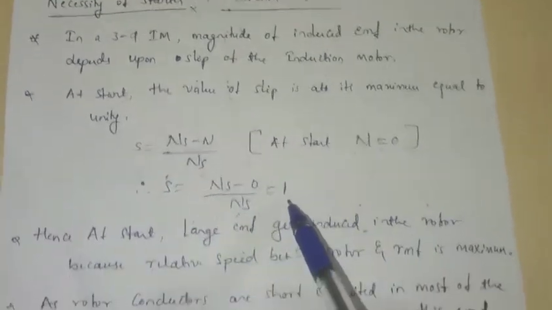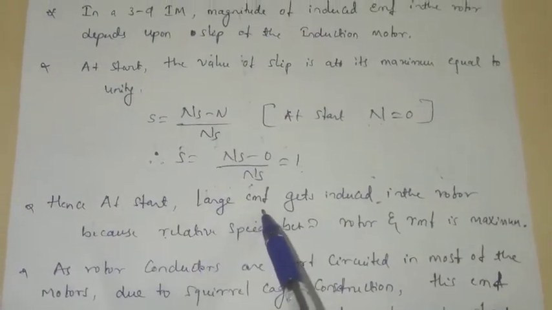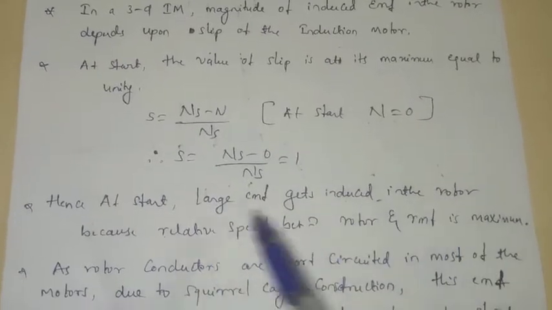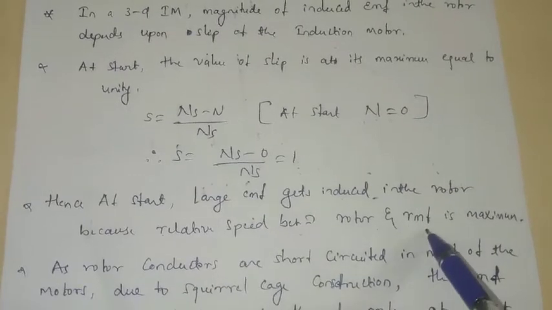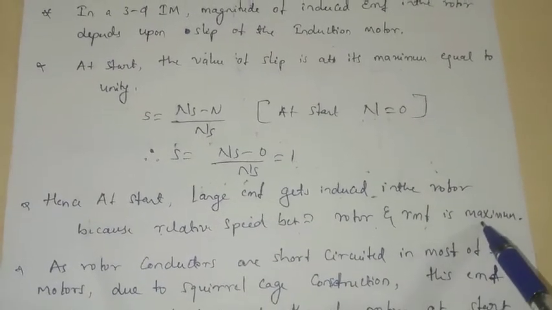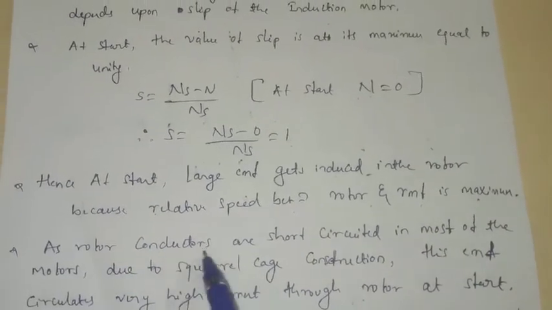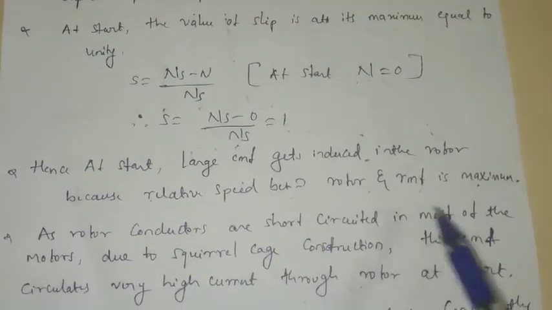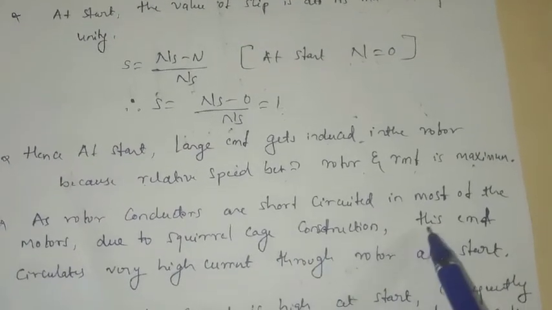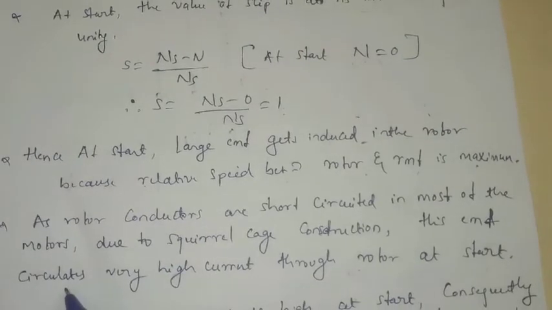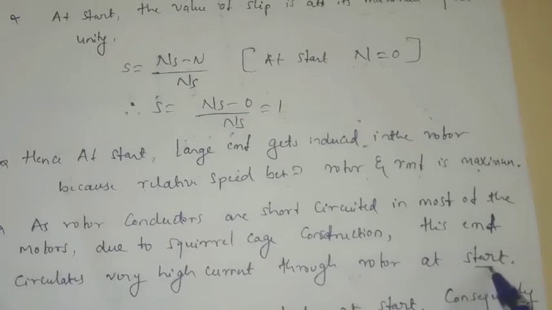Because of the slip at starting condition, a large EMF gets induced in the rotor, because the relative speed between the rotor and the rotating magnetic field is very high, that is maximum. As the rotor conductors are short circuited in most motors due to the squirrel cage type construction, this induced EMF circulates a very high current through the rotor at starting condition.